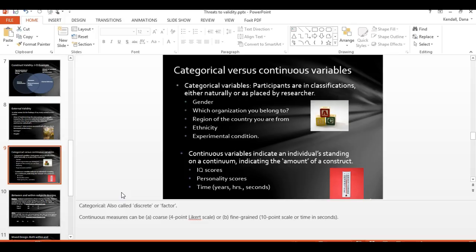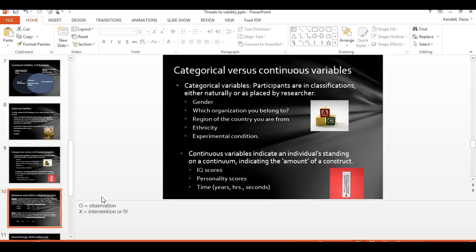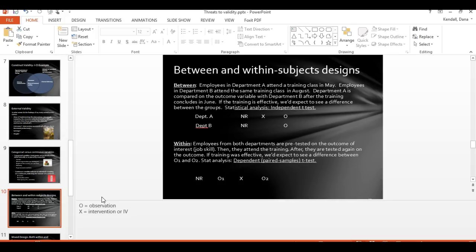Those are all continuous variables that can take on a broad range of values. So sometimes it will be a scale from 1 to 10, or when you're rating your personality, 1 to 5. So those are continuous measures. And that's going to be important because the nature of the variable, whether it's categorical or continuous, is going to determine the type of stat analysis that you'll need to run. And in program eval, that's going to be much more important.